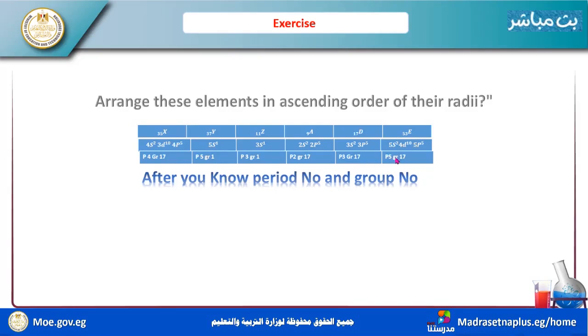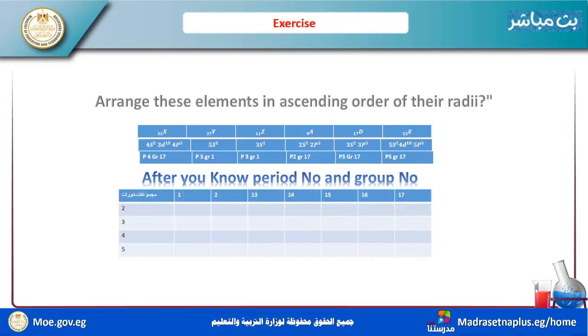Now we can make this arrangement of these elements in the periodic table. We have periods 2, 3, 4, 5, 6, and groups 1, 2, 3, 4, 5, 6, and so on to 13, 14, 15, 16. We can arrange it this way.